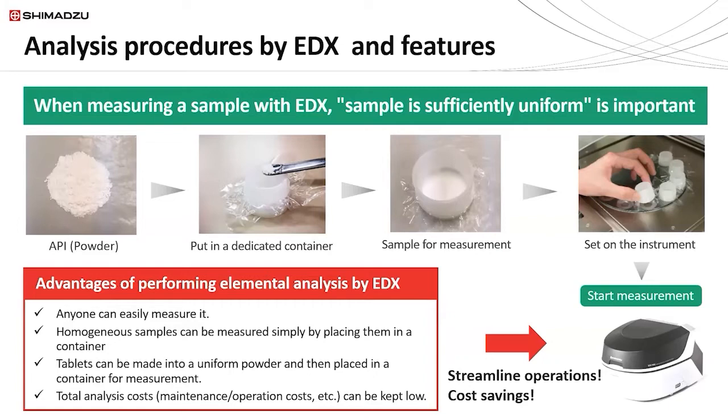You might tap the cup to distribute the powder within the cup, and then you simply set it on the instrument and press the go button. So this saves a lot of time and cost, especially compared to methods like ICP-MS and ICP that often require digestion, dilution, and workup with acids.